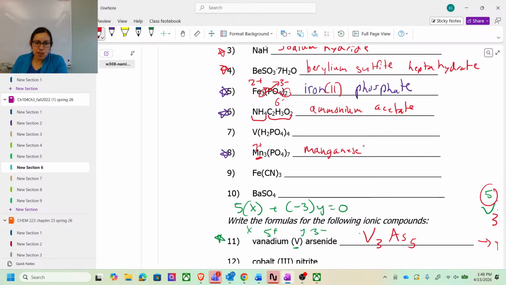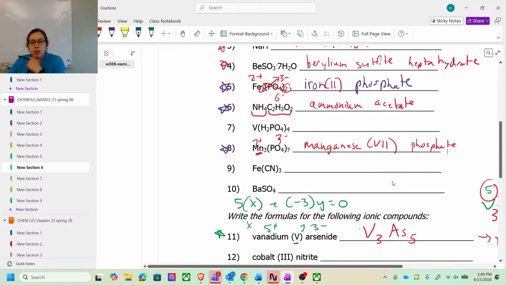So manganese, and then 7, which again, double check the math that our swap trick worked. -3 times 7 is -21, and 7 times 3 is also 21, so perfect. So manganese 7. Yep, so phosphate again there.